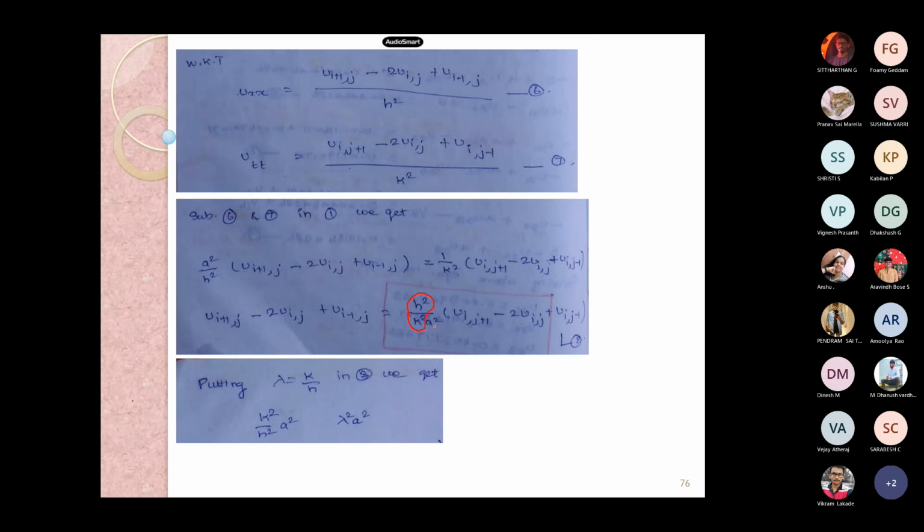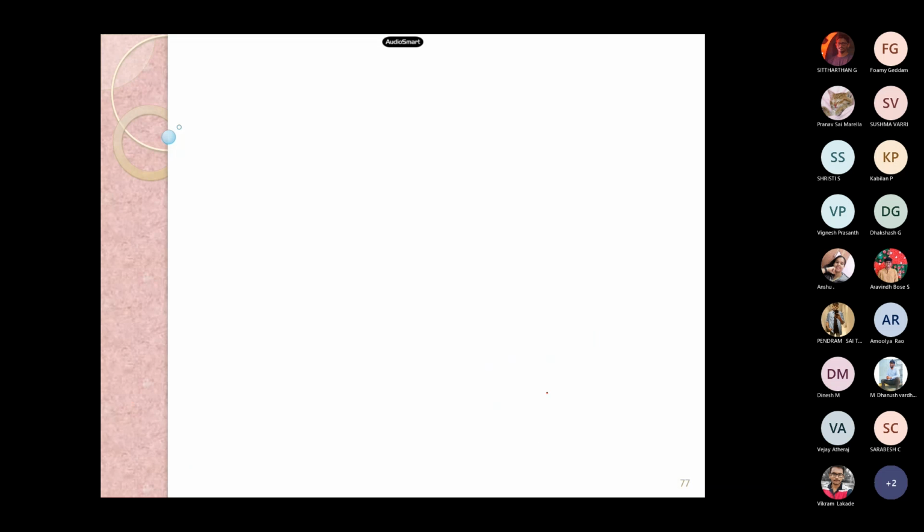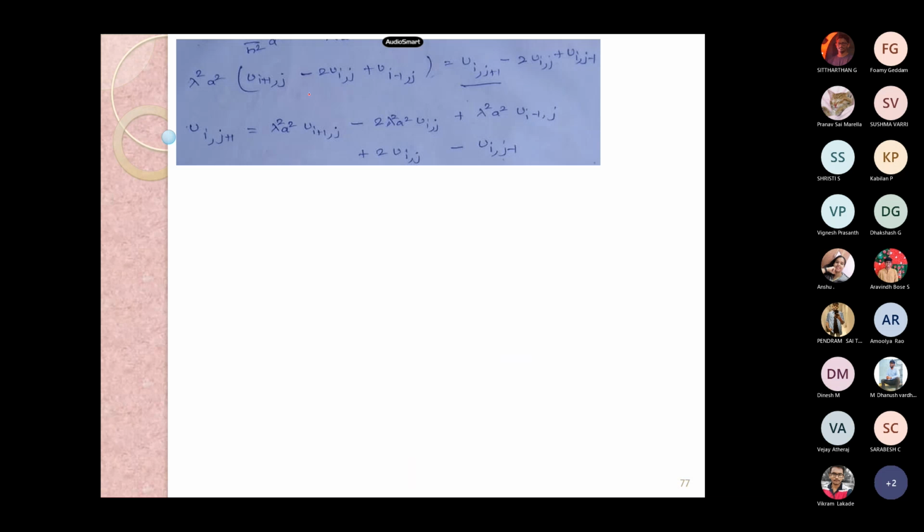Applying h by k, I get 1 divided by lambda square. As well, a square remains a square. So I am taking lambda square and a square to the left side, getting lambda square a square and the term which deals with u. On the RHS, we have the u term with the variation along the time axis. Here, my focus is to find the top point. This is our focus of interest.